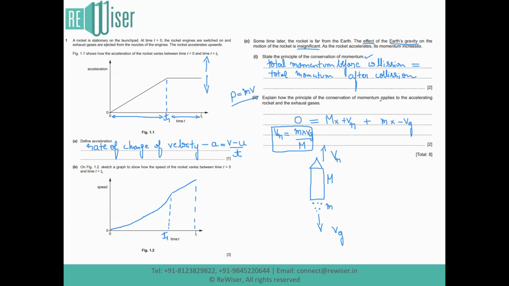The reason I am able to apply this is because the condition of no external forces acting is obeyed, because Earth's gravity is said to be insignificant, and the system of bodies is considered to be obeying because the equation is validated here. This is a numerical example of how the conservation of momentum is applied and verified for an accelerating rocket and the exhaust gases.